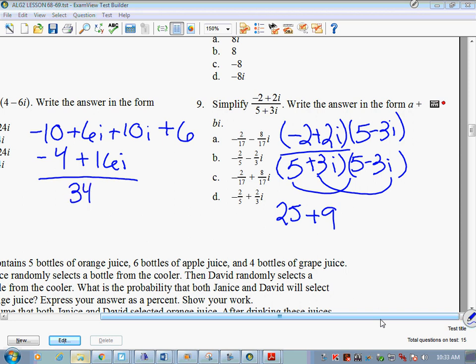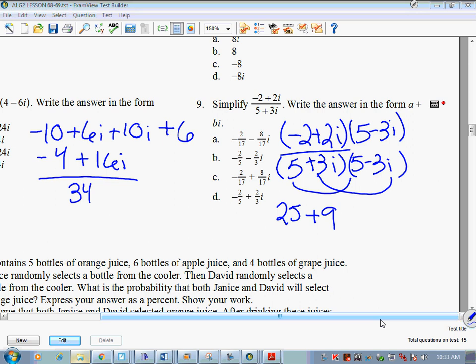So we get something that looks like this, but we can reduce all of this, right? We can divide everything in here. Let's see, does 34 divide by 4? Probably not, right? But everything will divide by 2, correct? For whatever reason, I'm drawing a blank on that.